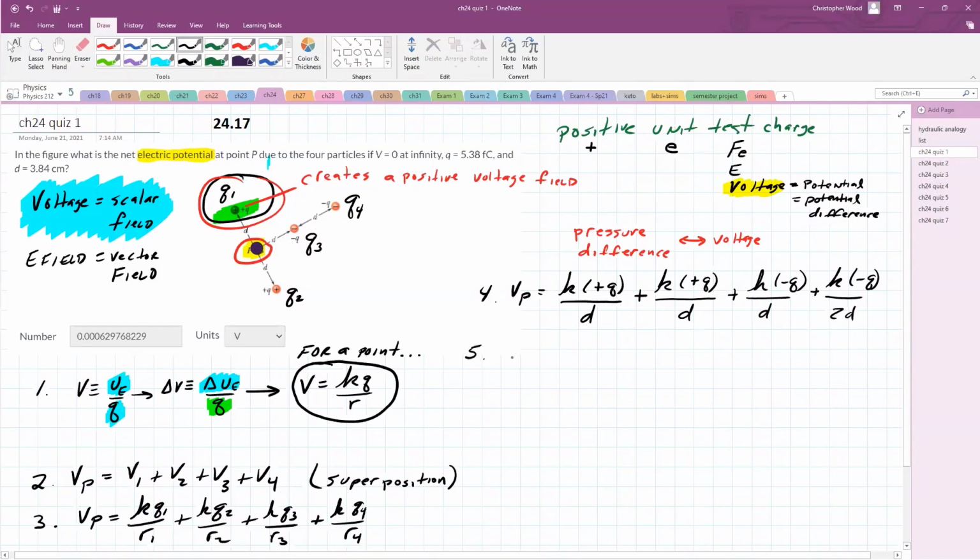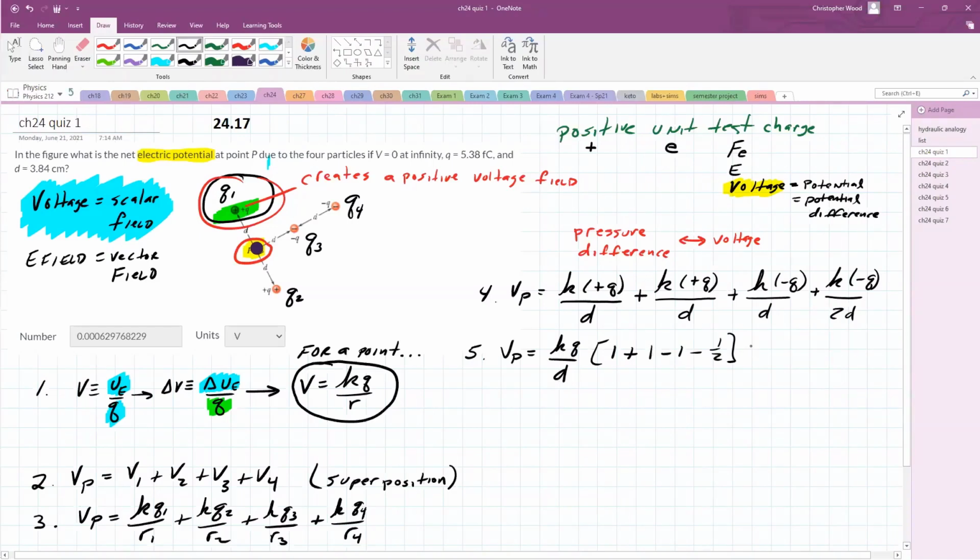So let's just pull out some common factors. The voltage that Probert will be reporting, I can pull out a K. Can I pull out a KQ over D? If I pull out a KQ over D, then this is going to be 1 plus 1 minus 1 minus 1/2, if I've done that right.